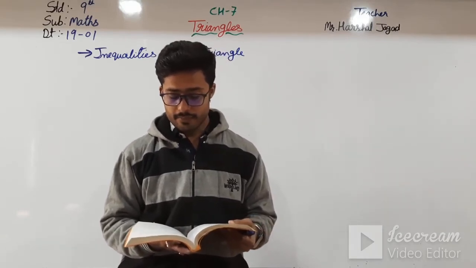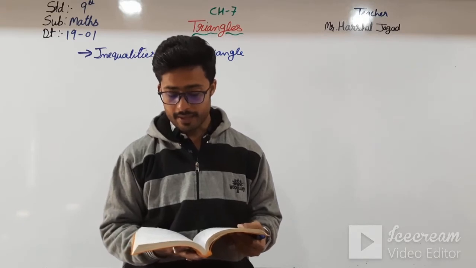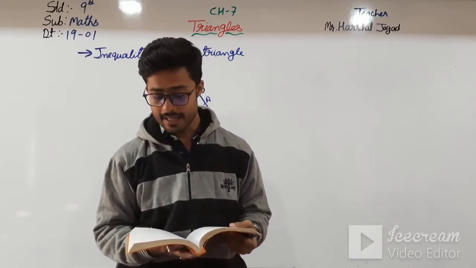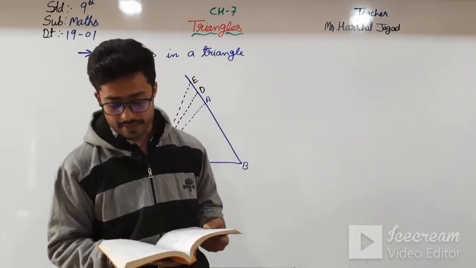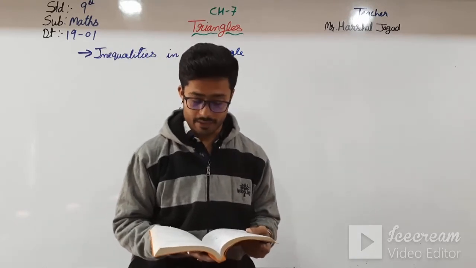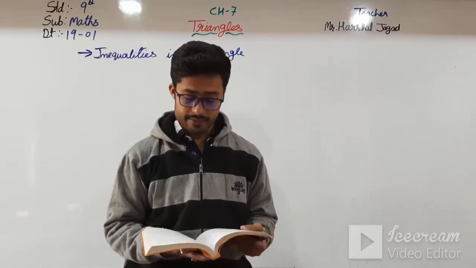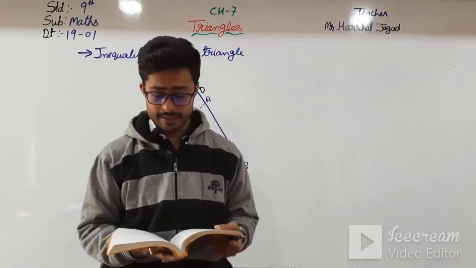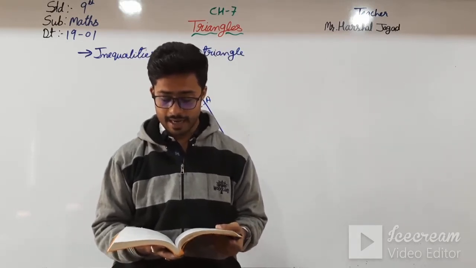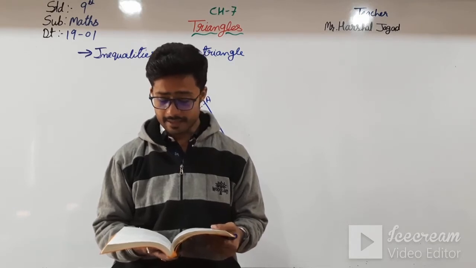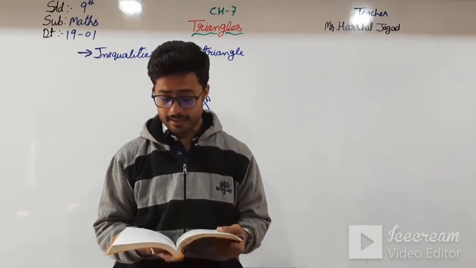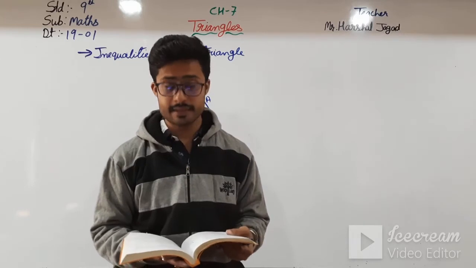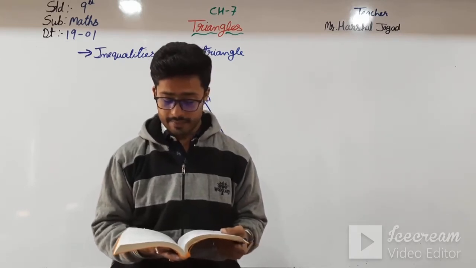Activity: fix 2 points on a drawing board, say at B and C, and tie a thread to mark side BC of a triangle. Fix one end of another thread at C and tie a pencil at the other, free end. Mark a point A with the pencil and draw triangle ABC.